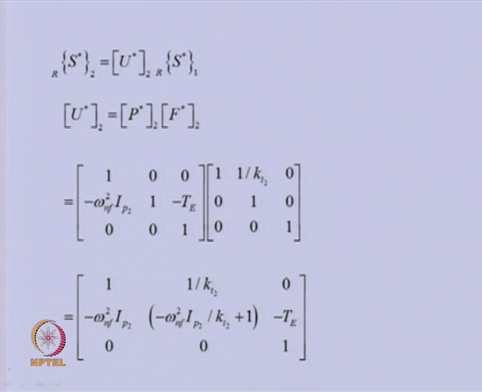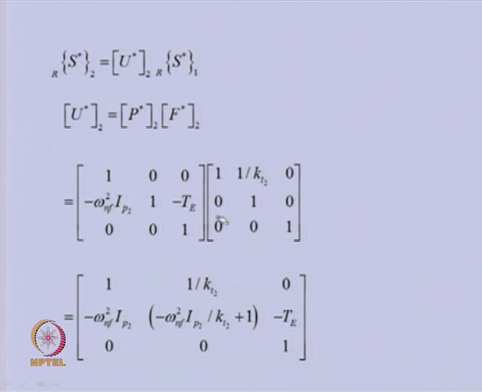Earlier we developed the transfer matrix between one shaft and the disc, with the modified point matrix and modified field matrix, where this is the modified field matrix, this is the modified point matrix, and the external torque was here.